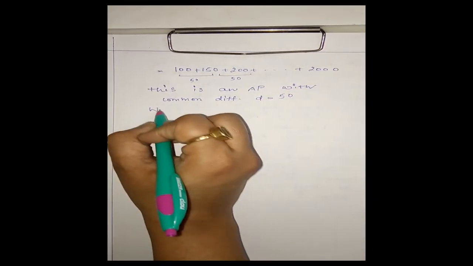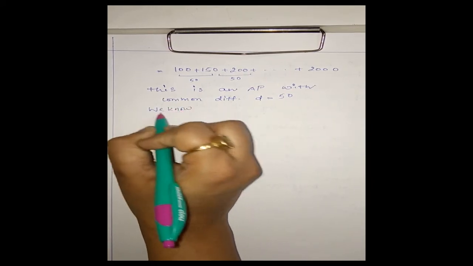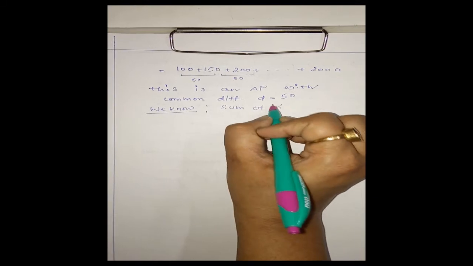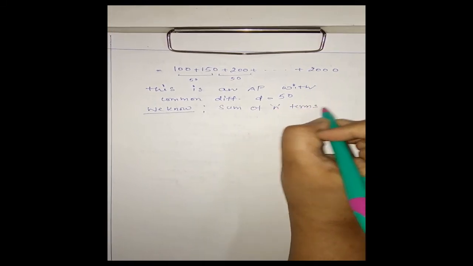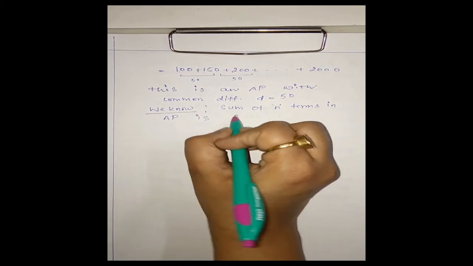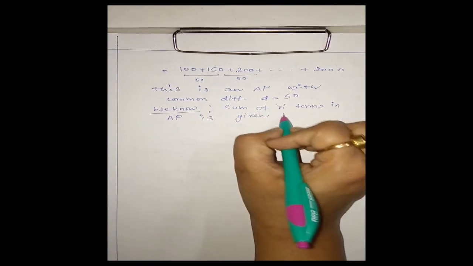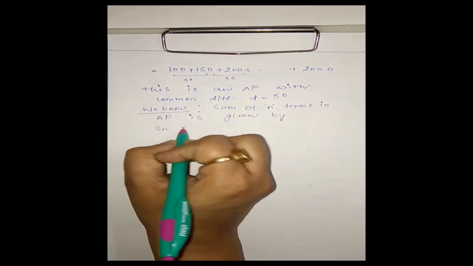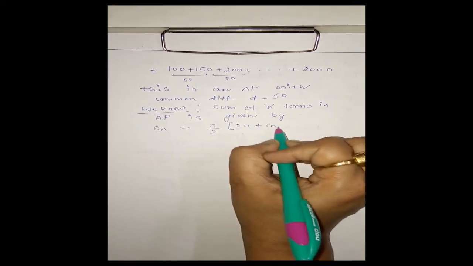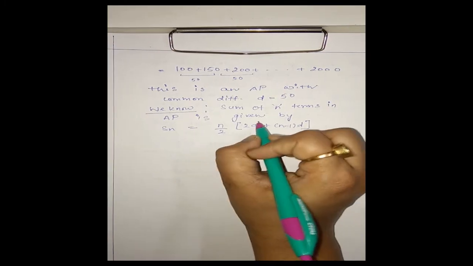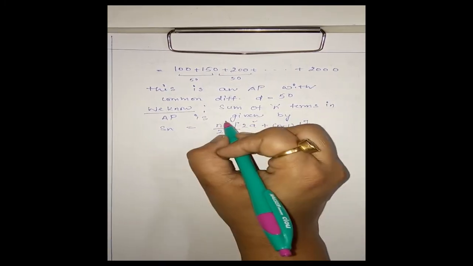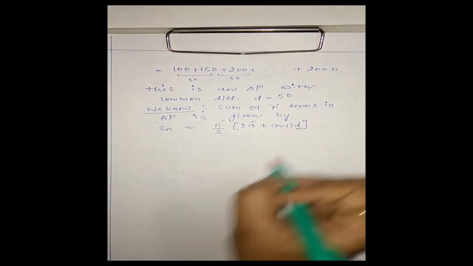Now we know the sum of n terms in an AP is given by Sn equal to n by 2 into 2a plus n minus 1 into d, where a is the first term, n is the number of terms, and d is the common difference.